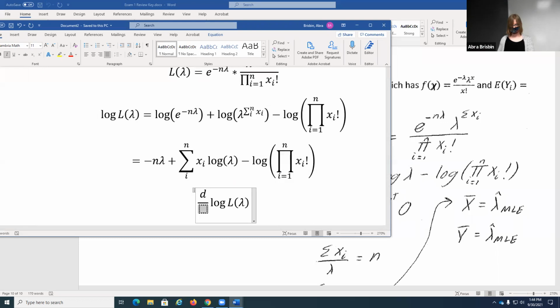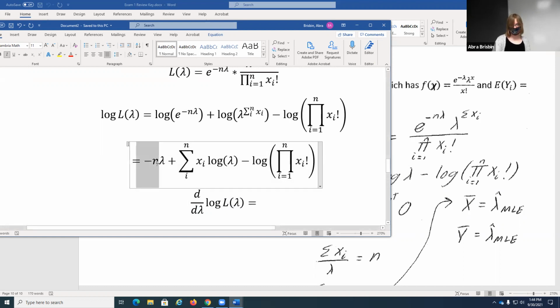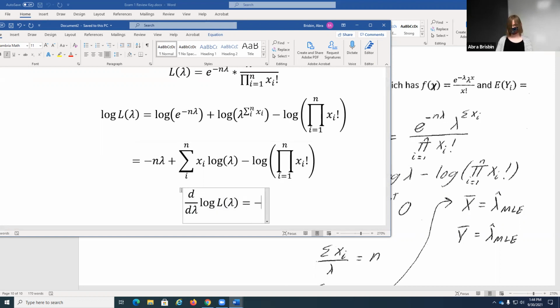So the derivative of the log with respect to lambda. Let's see, negative n times lambda. Derivative of that is just going to be negative n.